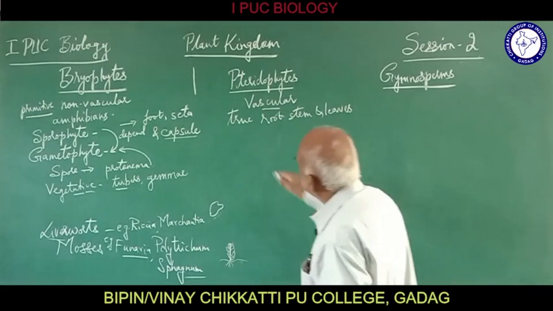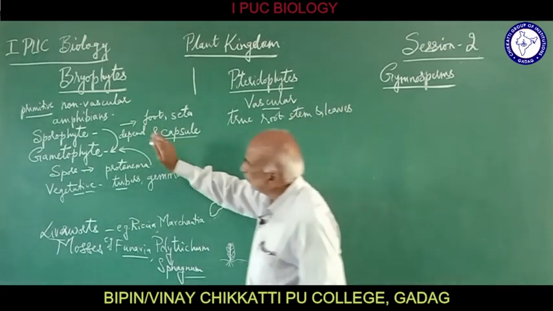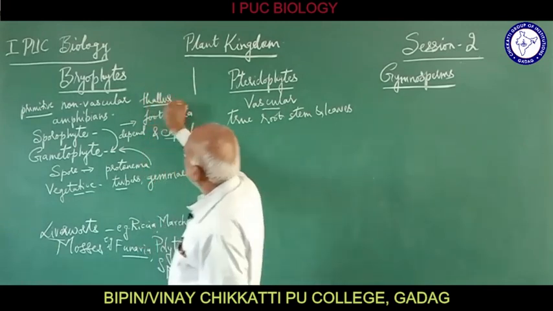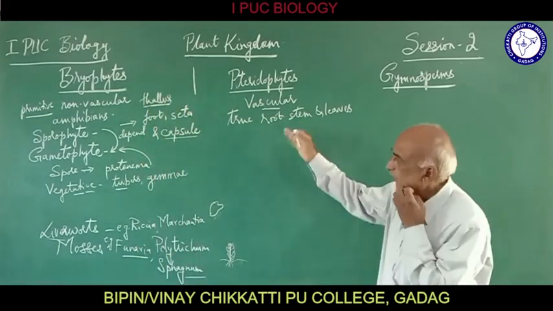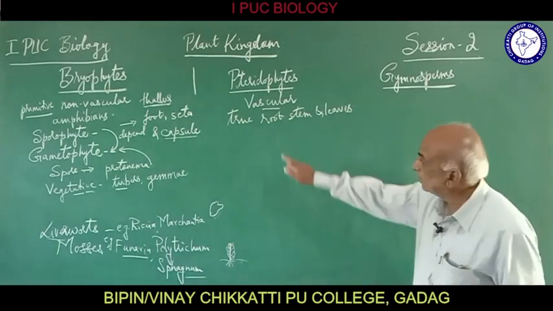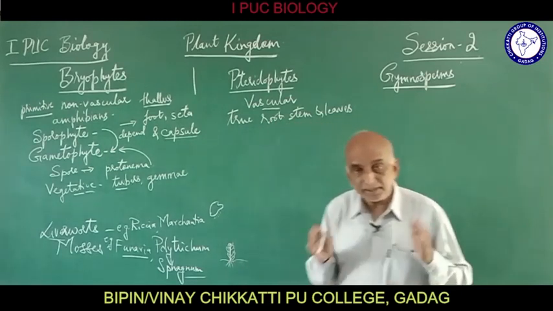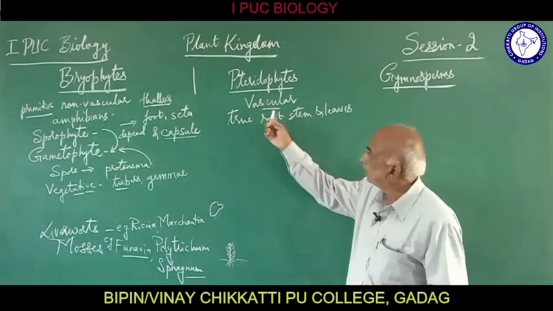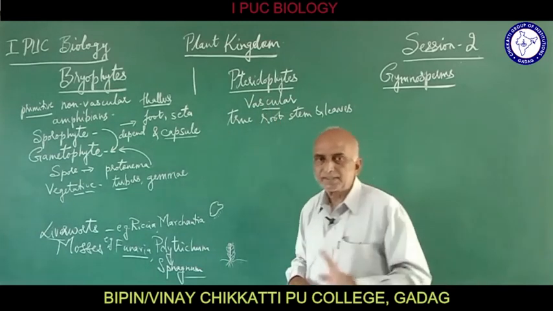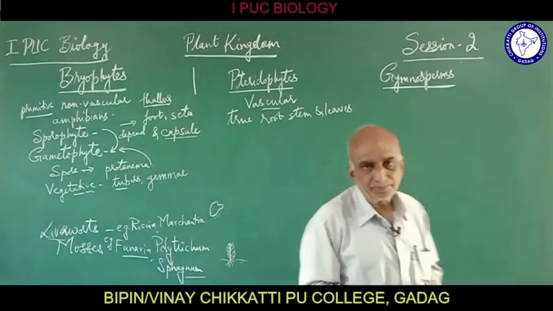So pteridophytes have true root, stem and leaves, but in the others there is no true root and hence they have a thallus. So here there is no question of thallus. When we say thallus, it means that true root, stem and leaves are not there. But pteridophytes have vascular tissues, so the plants are well developed. There is a root, stem and leaves.